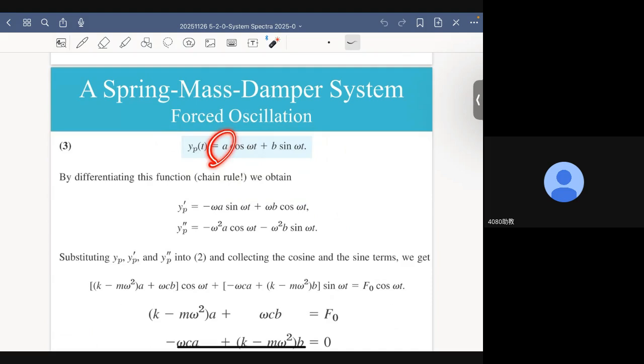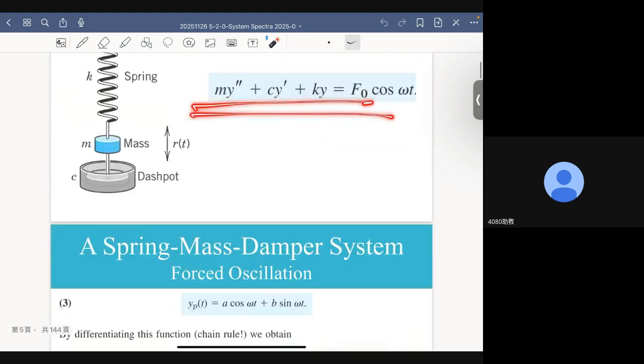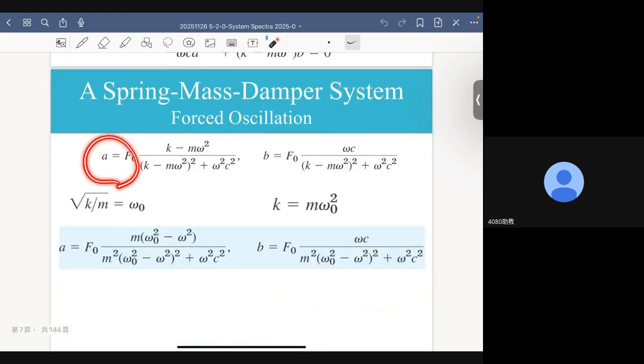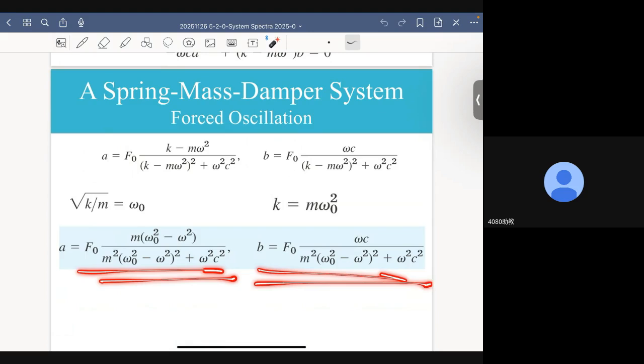Therefore, we need to determine the values of A and B. To do that, we simply take the first and second derivative of this particular solution and substitute them into the differential equation and equate the left-hand side and right-hand side of the equation, from which we can determine the values of A and B, all right, which are summarized in these two equalities.